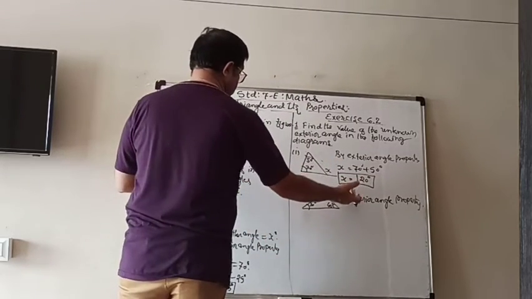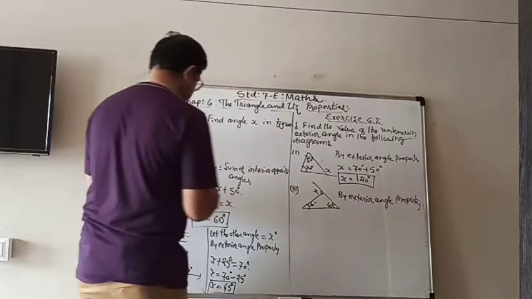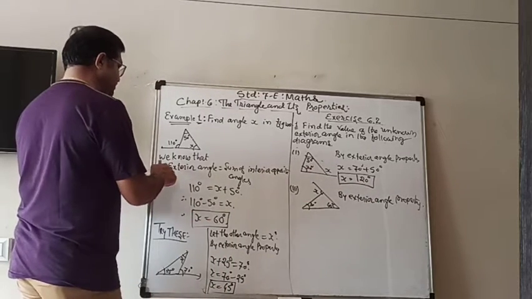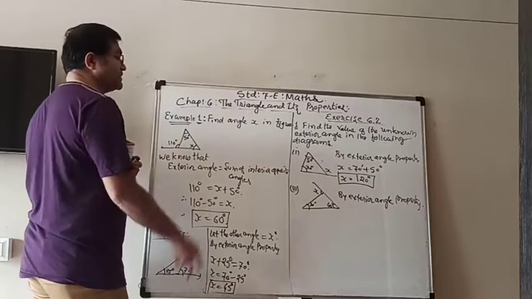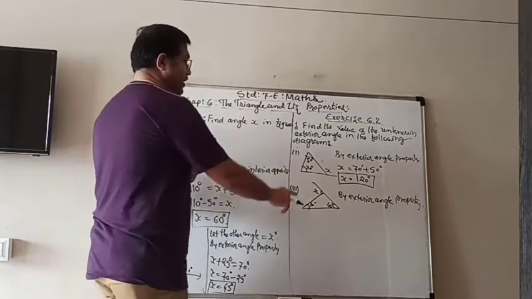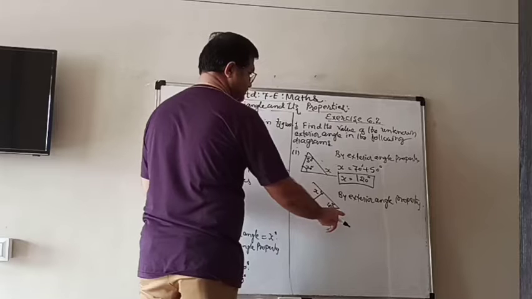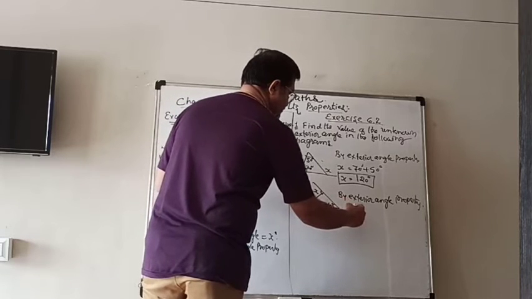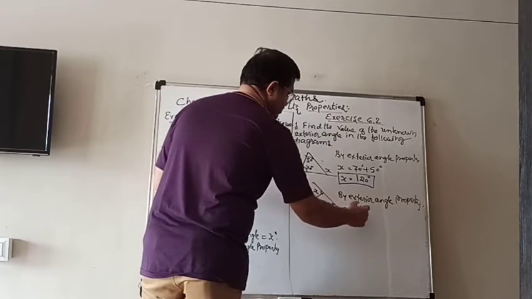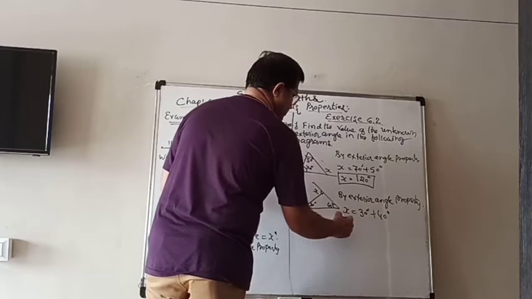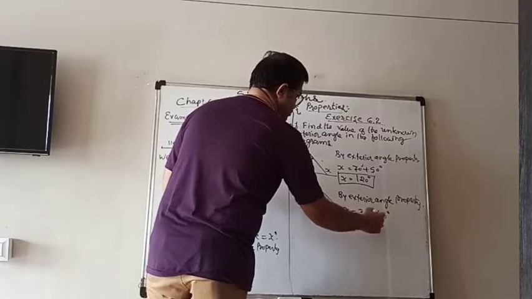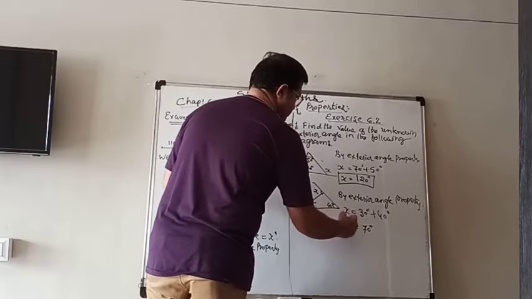We know that exterior angle is equal to the sum of interior opposite angles. So now by exterior angle property, x is equal to sum of its interior opposite angles, means 30 degree plus 40 degree. So x is equal to 70 degree.